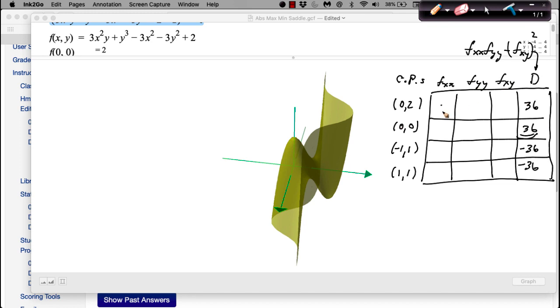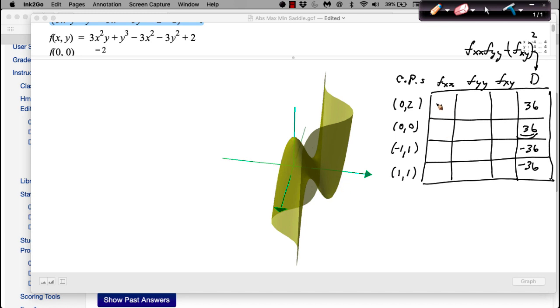So we would expect these at 0, 2, these partials fxx and fyy to be negative or positive at 0, 2. That'd be this one. Positive, because you'd have increasing rate of change, which makes a concave up, and that gives you a minimum.